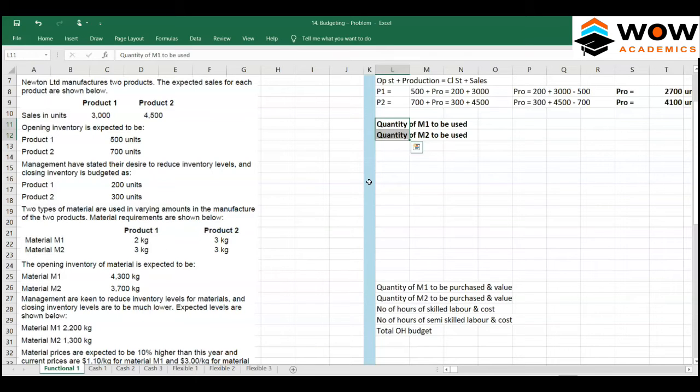First we'll find out the quantity to be used. I think we can work them out separately.